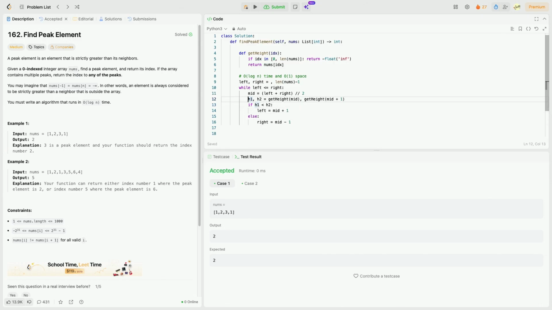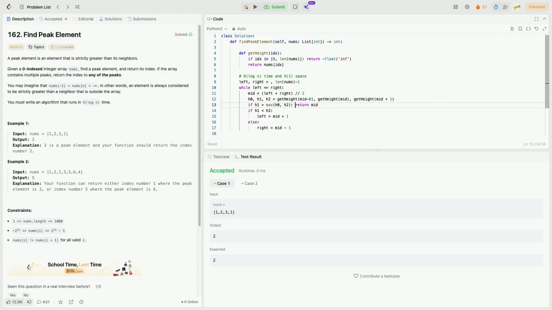And what we also should do is probably check if we are at a peak. So we're going to check as well what is to the left of this. And if h1 is larger than the maximum of h0 and h2, we're going to return mid.